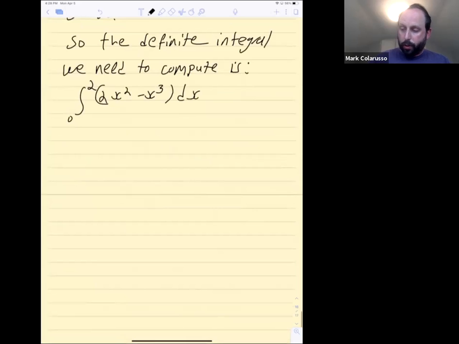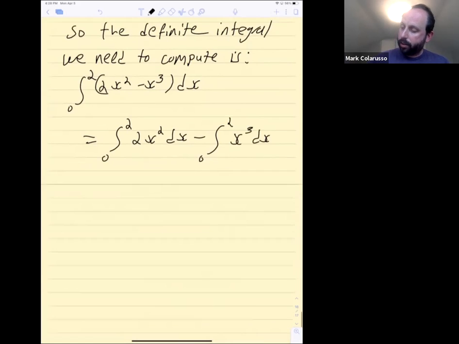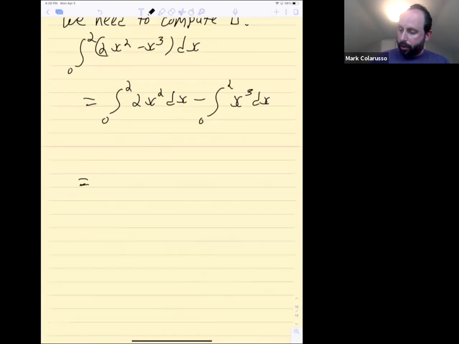And now we can just split it up as normal. We're kind of home free now. This is not a hard integral. And so you get 2 times the integral from 0 to 2 of x squared dx minus the integral from 0 to 2 of x cubed dx.